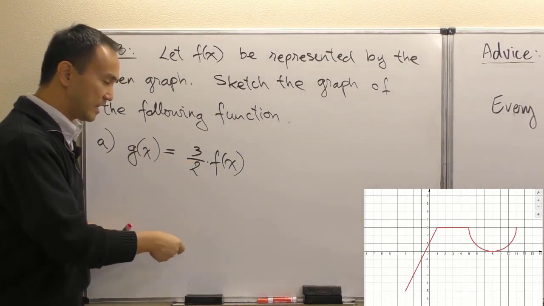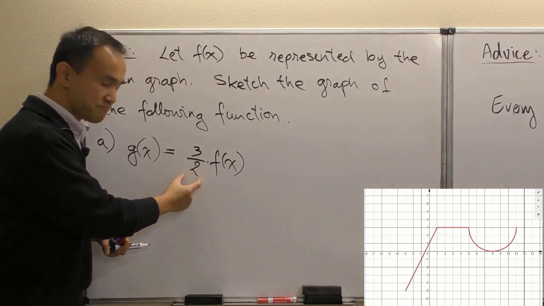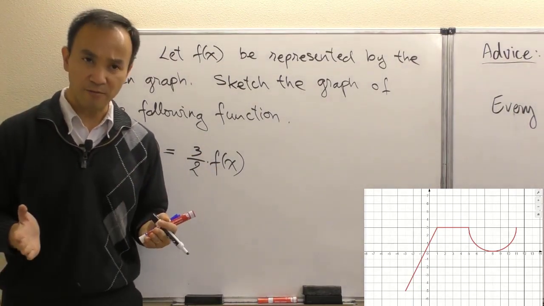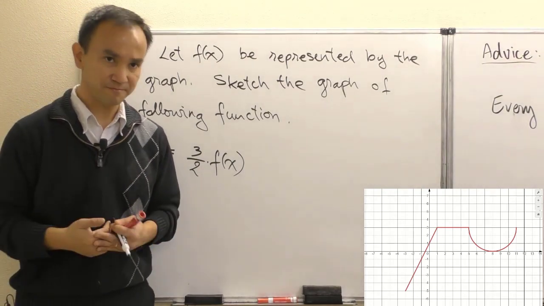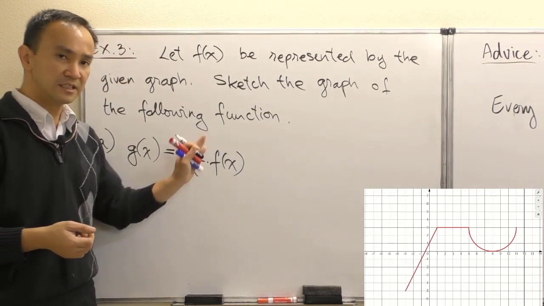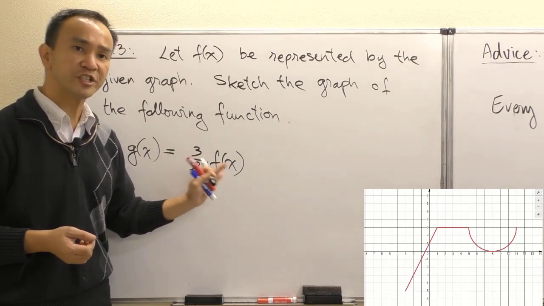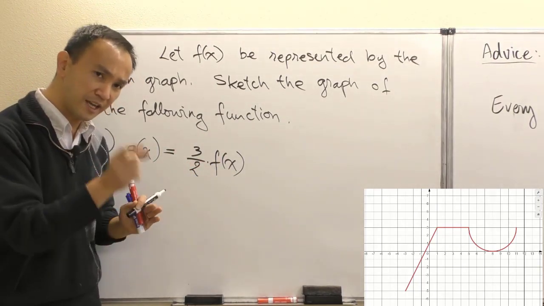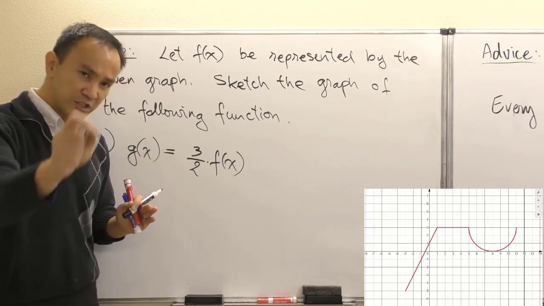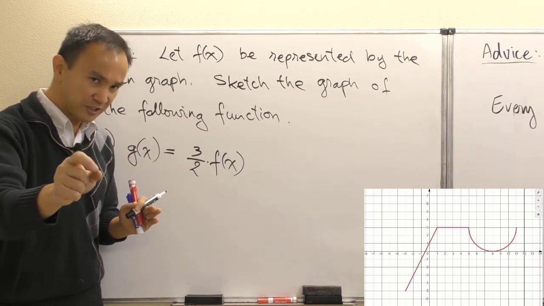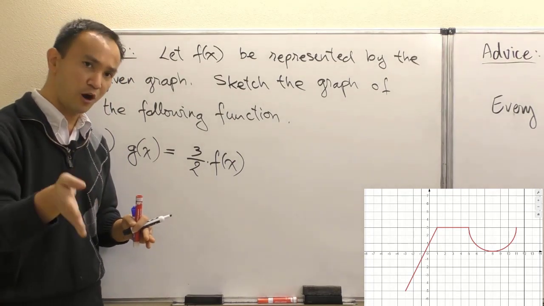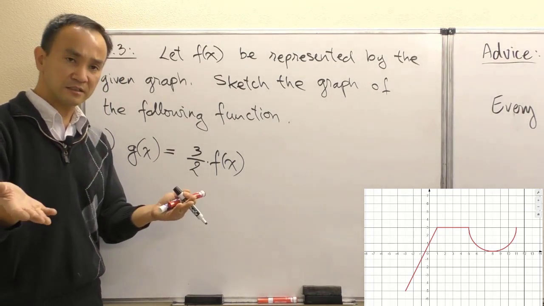So what I see here is a coefficient multiplied with f of x. Now I'm expecting, right from what we freshly discussed, some kind of vertical scaling. Anytime we multiply a constant coefficient to a function, it will for sure cause what's called a vertical scaling.